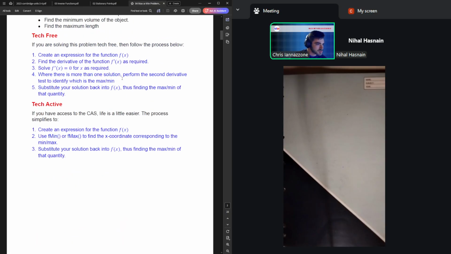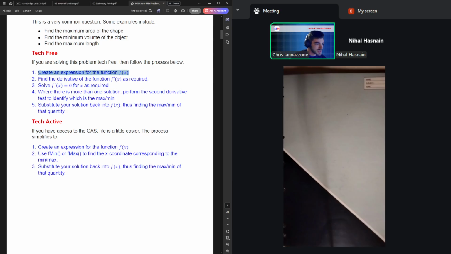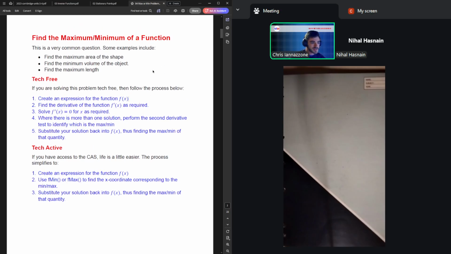As for an overall procedure, typically you start by creating the expression for the thing you are trying to maximize or minimize, whether it's area, volume, length, those are the common ones. From there, if you're tech-free, you'll be doing derivative equals 0 to find the stationary points of that function, because one of those will definitely be the maximum in tech-free.